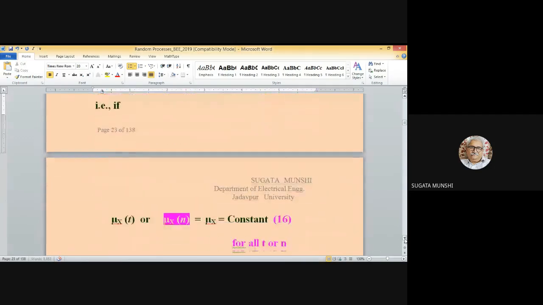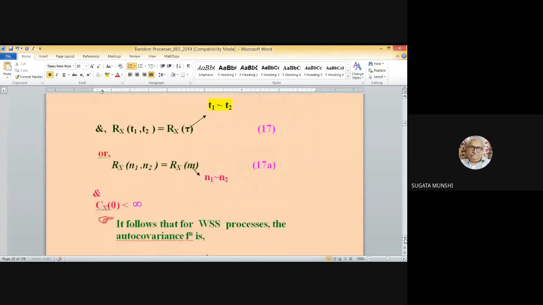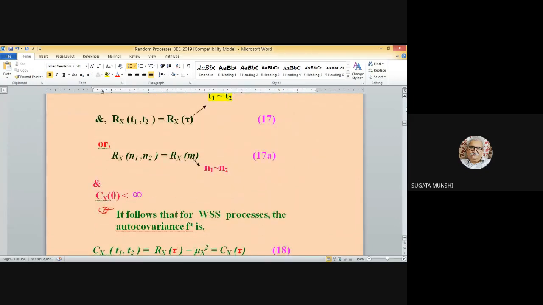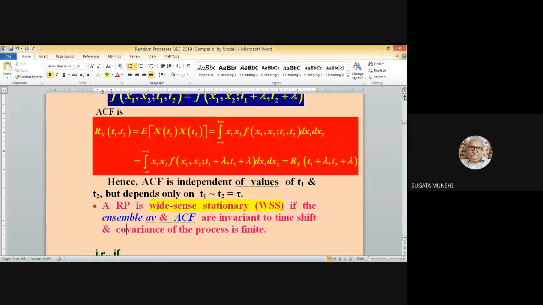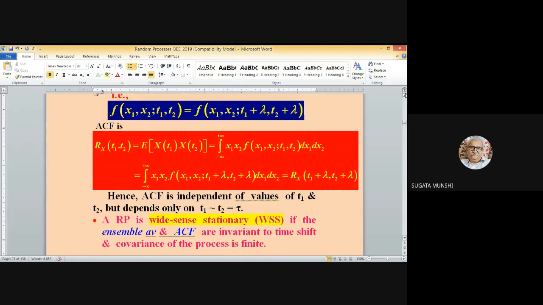Just 1 minute. Okay. Write down this part. After I complete discussing this stationarity, I'll stop today. Not much left for today.